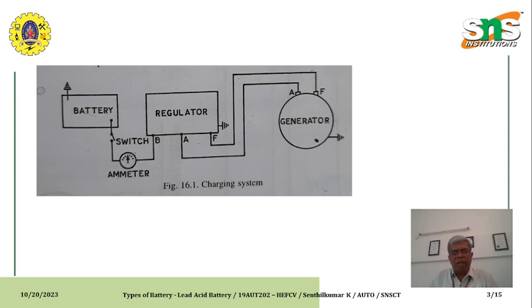At the same time, if the battery voltage is very high compared to the producing current, the battery current flows in the reverse direction, that means the current flows up to the generator windings. This should be avoided, and for that the regulator is used. The regulator regulates the voltage in both conditions, while the engine is running at very low speed and at high speed.